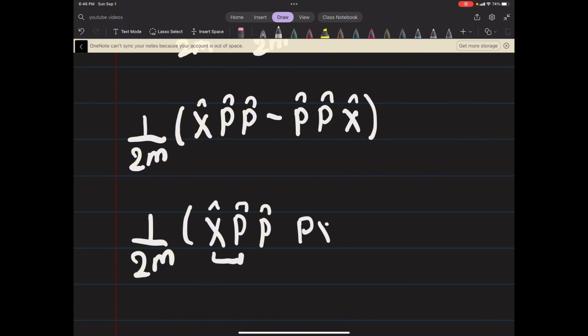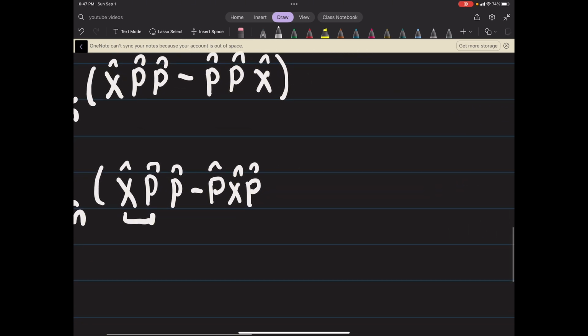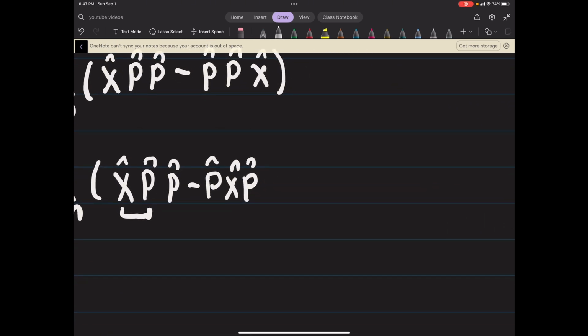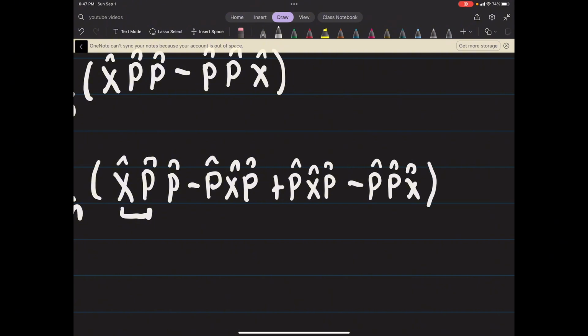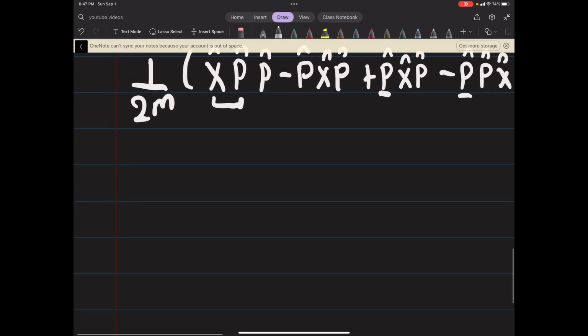So if I had a pxp here, that'll actually be very useful, because if I factor out a p hat to the right, I'll have xp minus px, which of course is a commutation relationship. Obviously we have to add this same quantity here to make this equal. So hopefully that works with what remains, which is ppx. And in fact it does if we pull out one of our right x's.